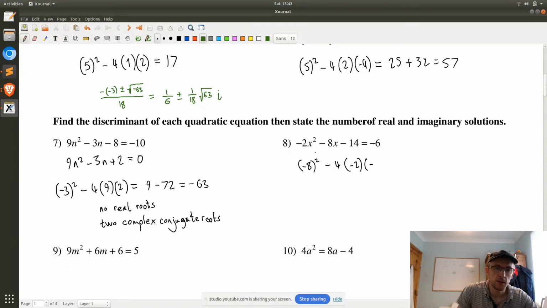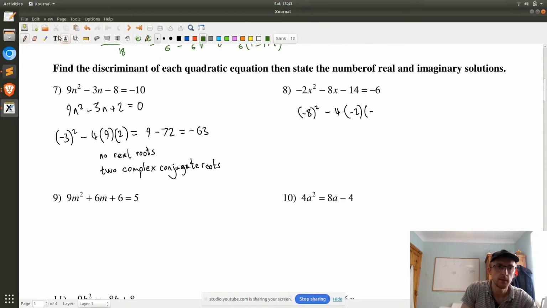And anyway, root 63 is 3 root 7. So we cancel out on the bottom. So it's like a 1/6 of 1 plus or minus root 7i.